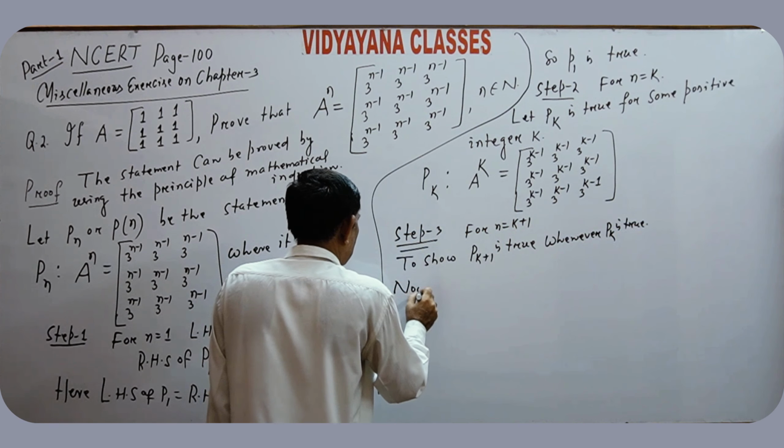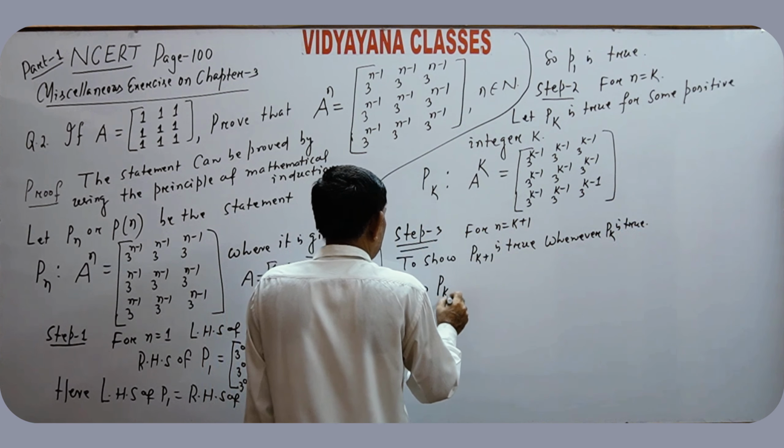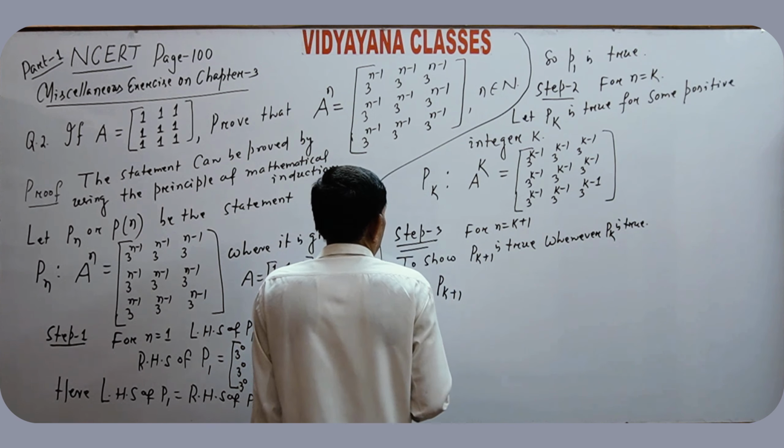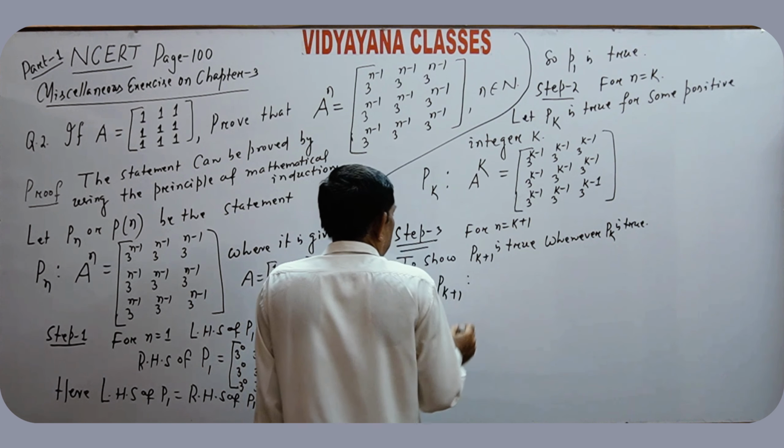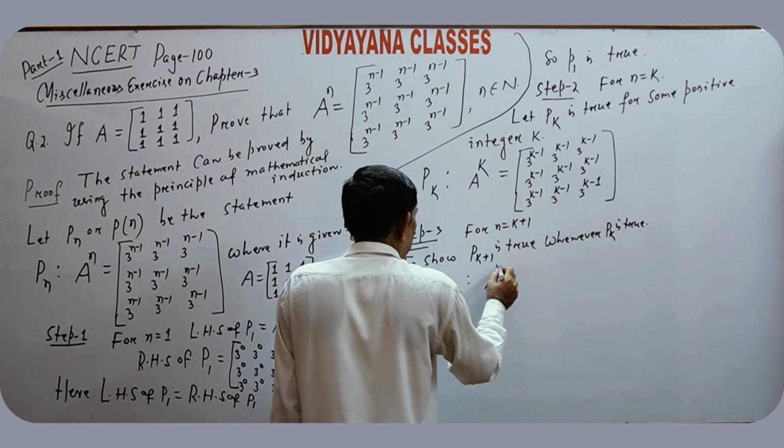Now P(k plus 1) so that A to the power k plus 1.